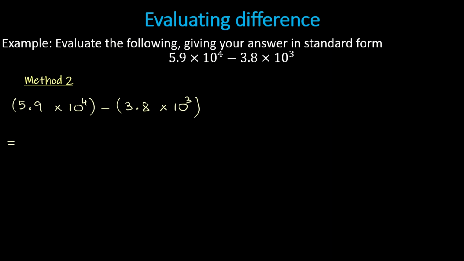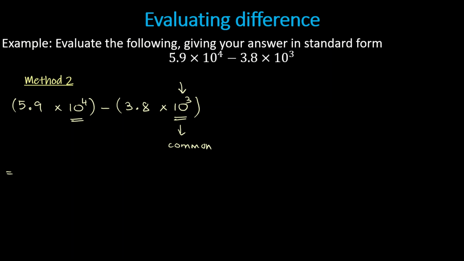The common factor is the smaller number, right? And here, which one is smaller, 10 power 4 or 10 power 3? Of course, 10 power 3 is smaller, meaning it is common, right? So the common factor is 10 power 3.